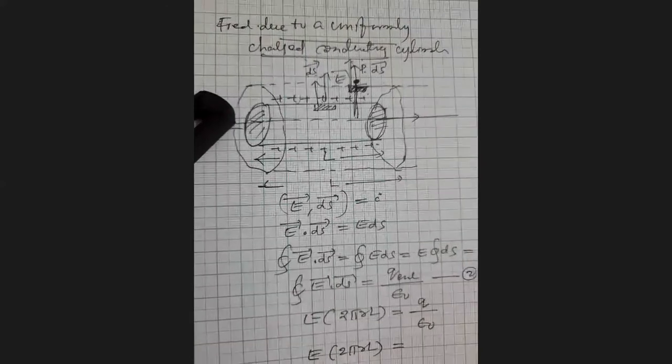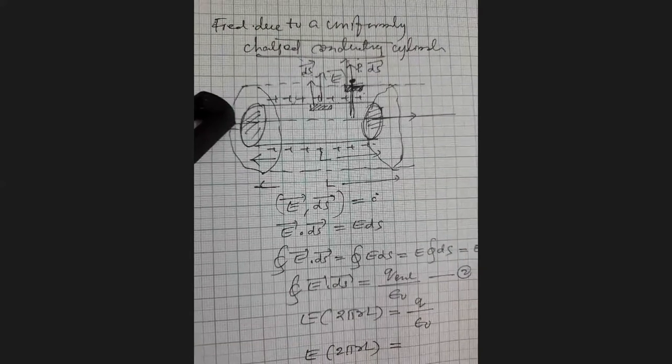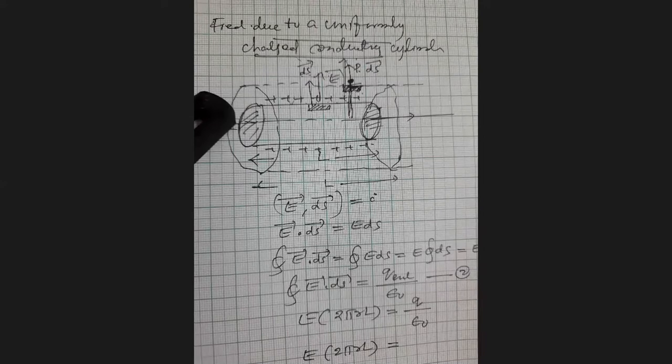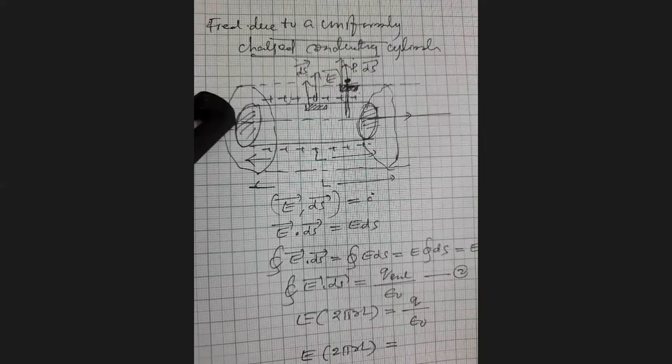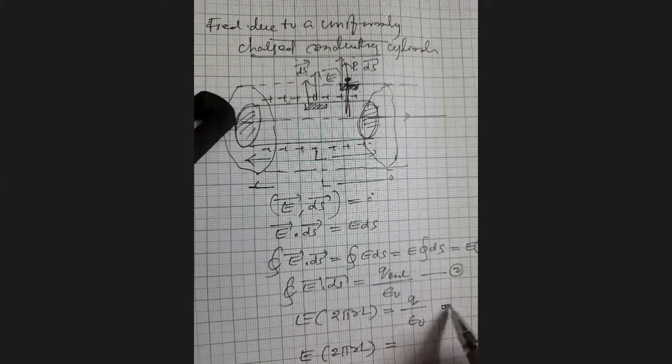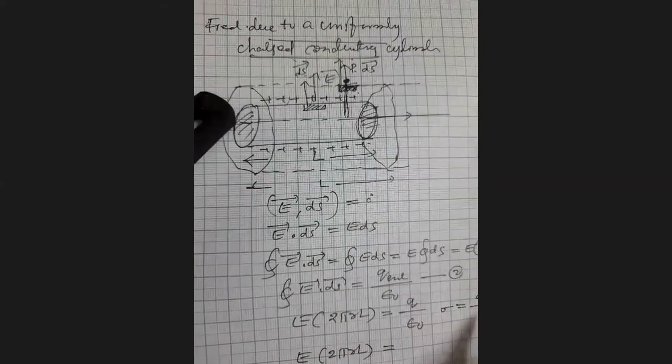But here, what is the charge density? Surface charge density sigma is equal to charge per unit area.